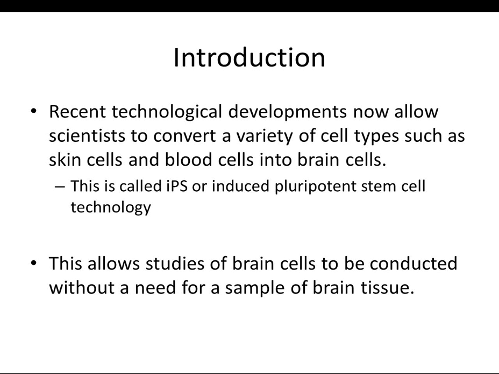It's called induced pluripotent stem cell technology because the skin or blood cell is converted first into a stem-like cell that has the capability of becoming many types of cells, and then these cells can be coaxed to become brain cells. This allows studies to be done on brain cells without the need to get a sample of brain tissue, which for many reasons is not a practical thing.